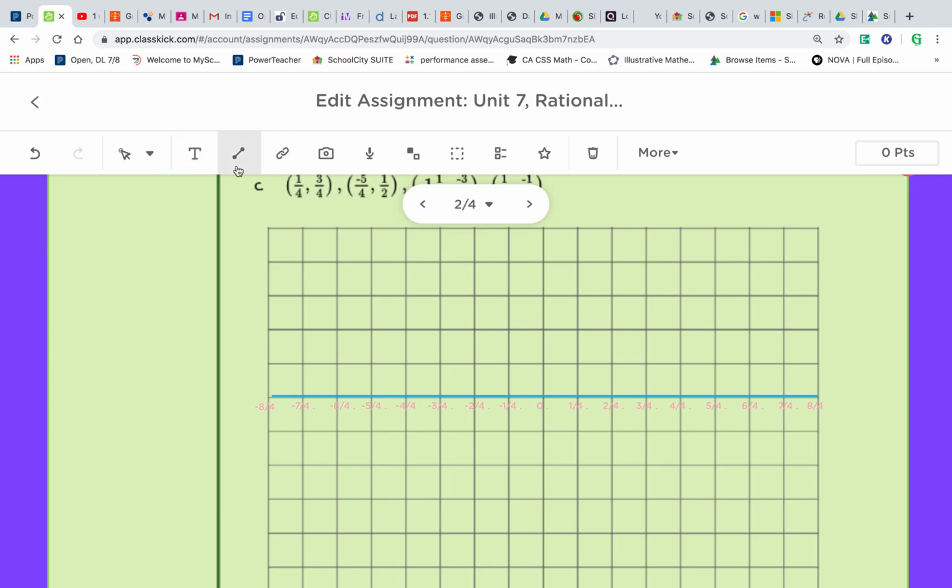So like this, we could use the straight line tool, and if we want to go down first, 1/4, 2/4, 3/4, 4/4, or 1 whole. And then from there, I guess I could have gotten this before. We go up 1/4, 2/4, 3/4, 4/4, which is 1 whole. Okay, we can label that as such.